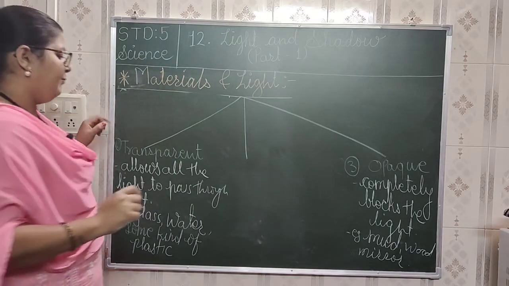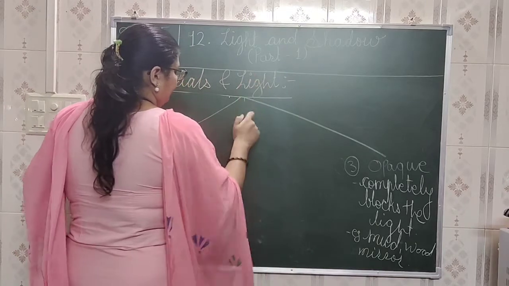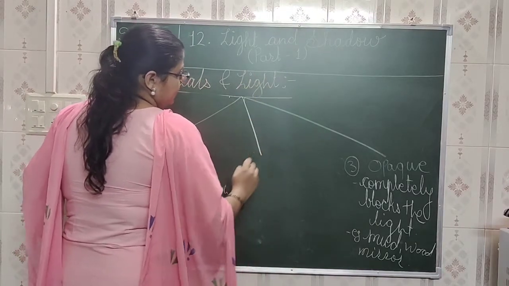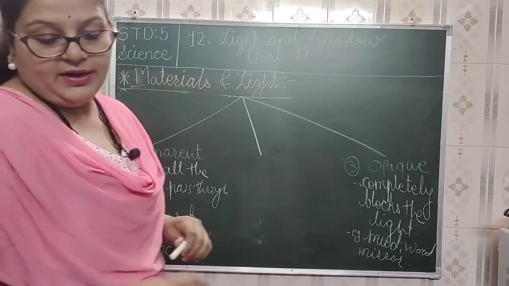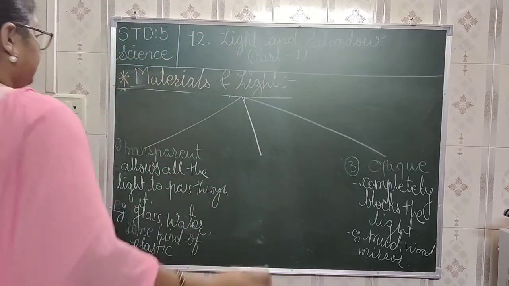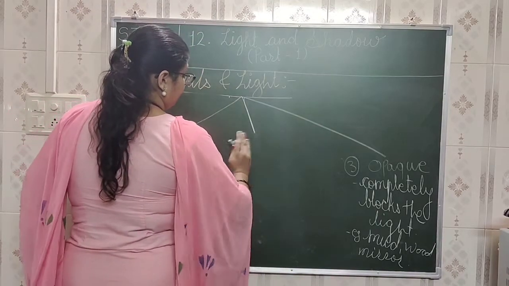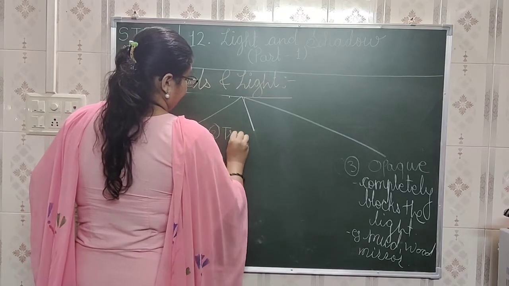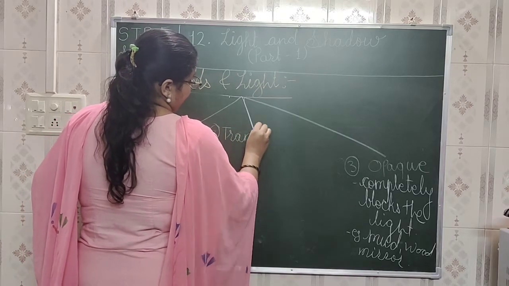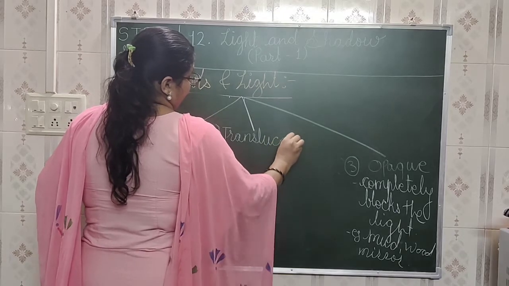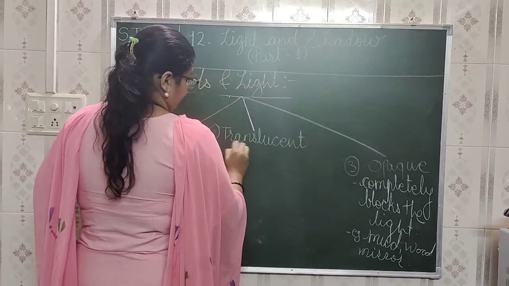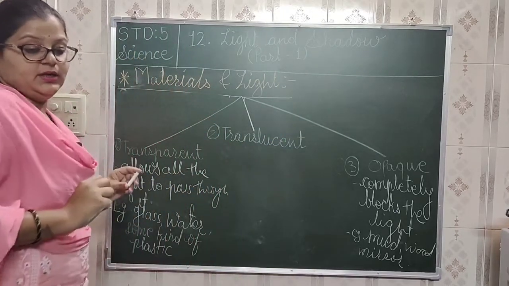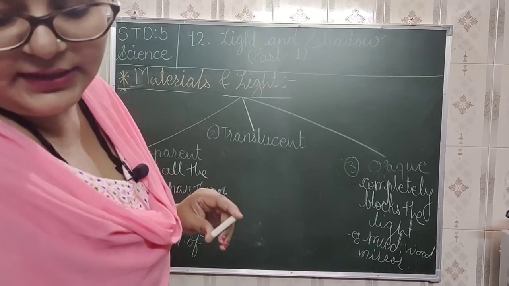Now the second type of material is the translucent material. The name is quite new for you. So what happens with the translucent material?